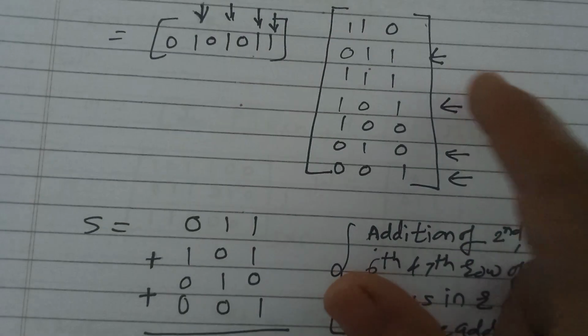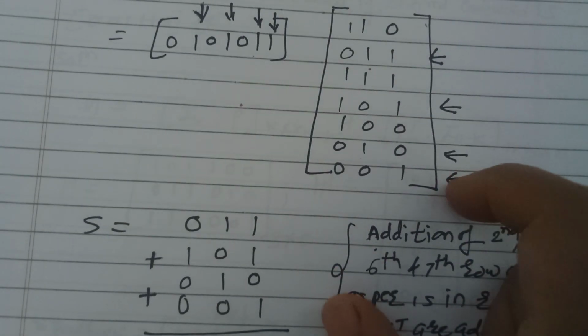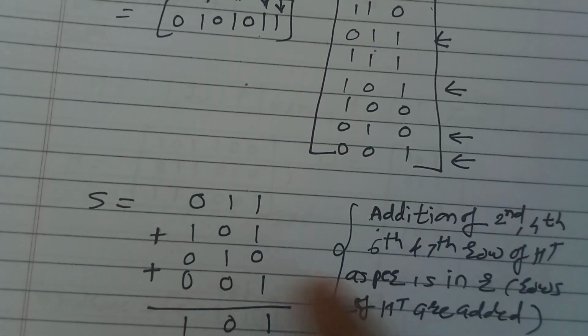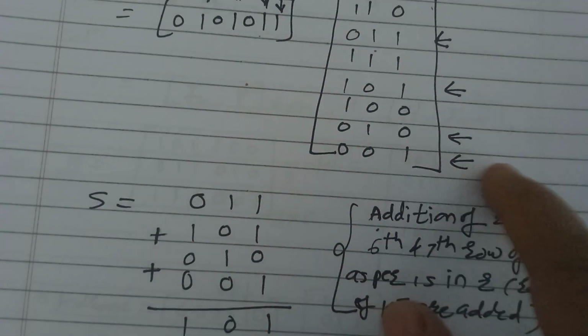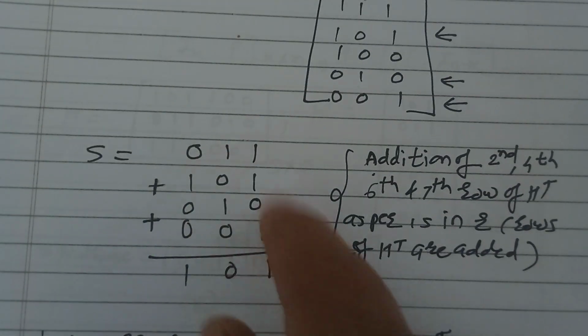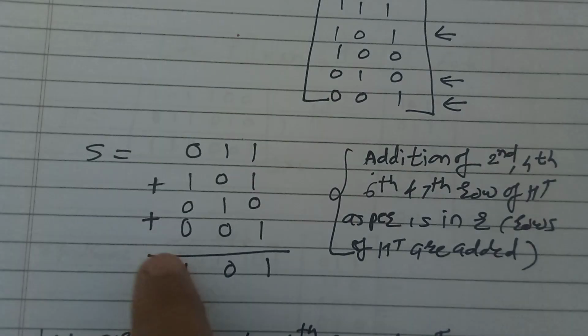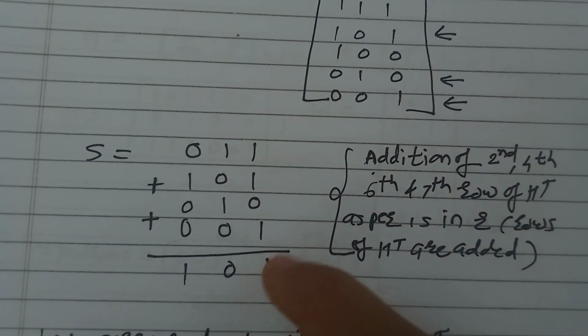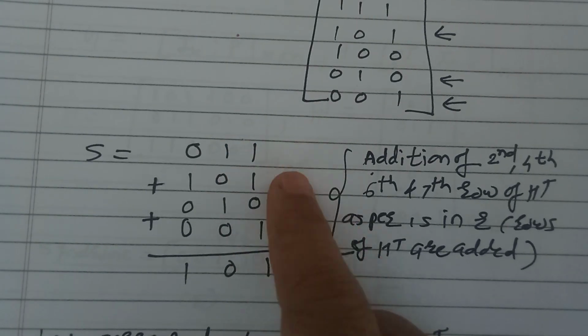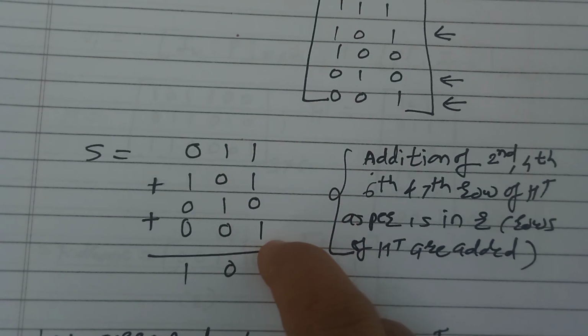Then you have to add these H^T rows. So here I have added 011, then 101, 010 and 001. Again, this is modulo-2 addition. Here you use the rule that when you do this addition, you count how many ones there are. There are 3 ones, which is odd.